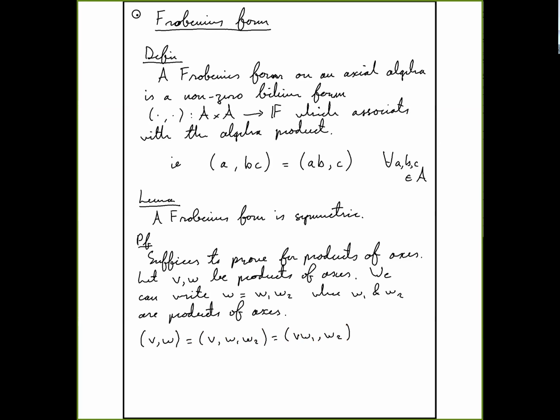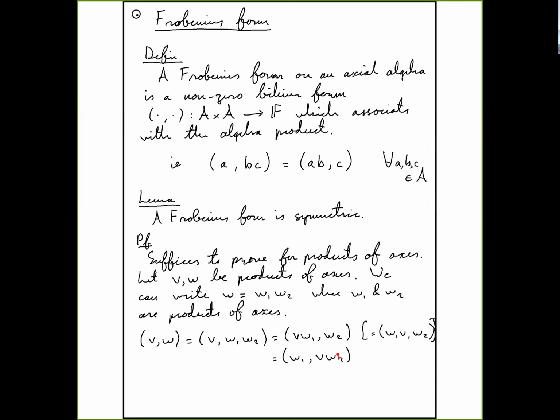Now, my algebra is also symmetric, so it doesn't matter if I've got V times W1 or W1 times V, they're the same thing. So I can move the V over to this side. So that is W1 with V times W2. So if you like, in here there is me swapping these round, but that's not necessary.